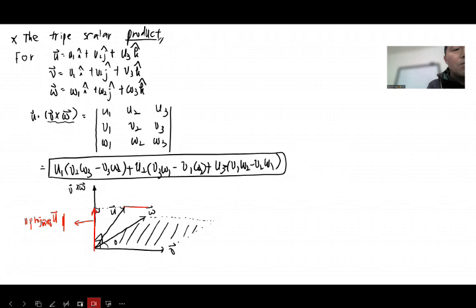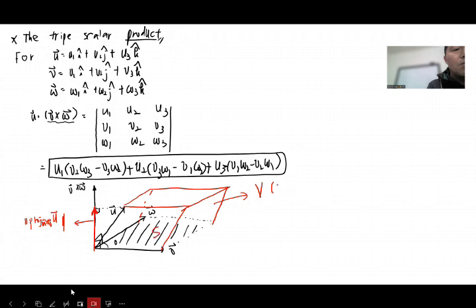So now the triple scalar product is basically this projected vector out of u times this area, so that actually corresponds to the volume V.